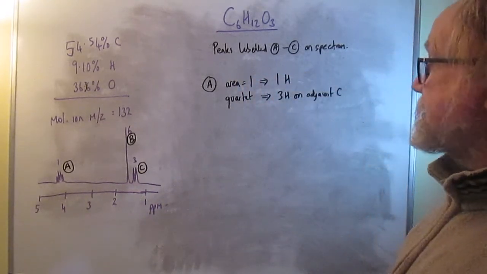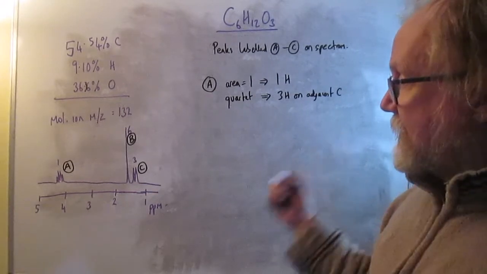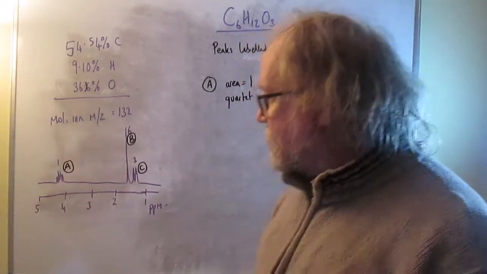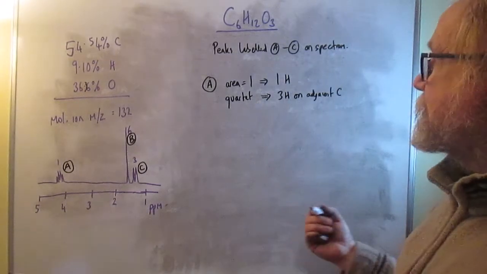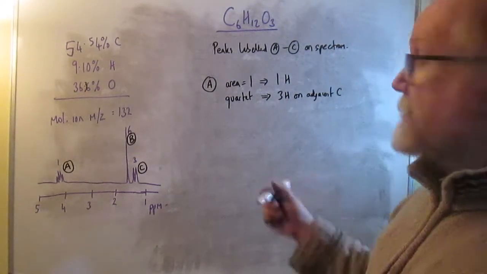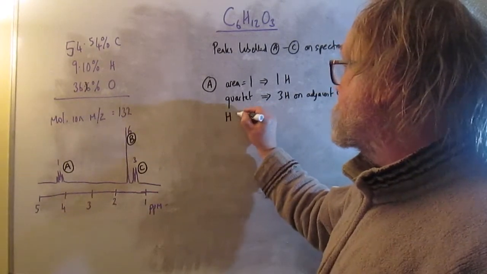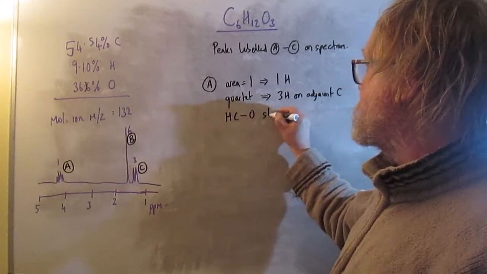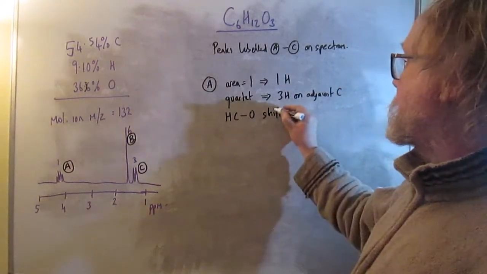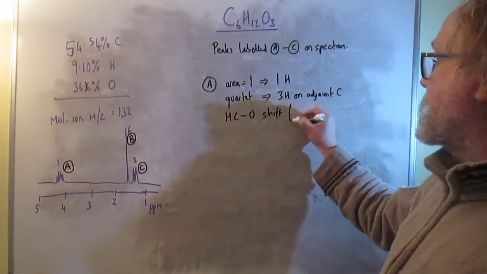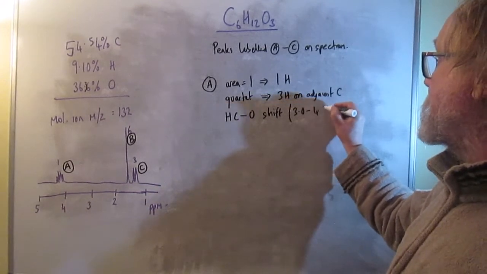And it has a chemical shift of just over 4 ppm, which when you look at your data sheet tells you it's got to have an HCO shift. Which is 3.0 to 4.3 ppm.